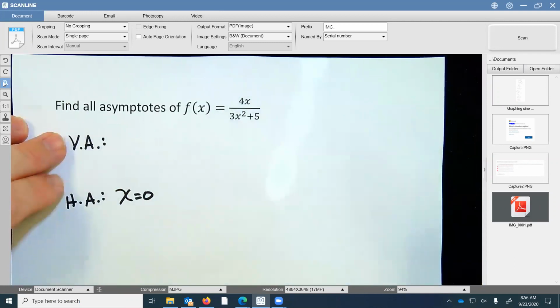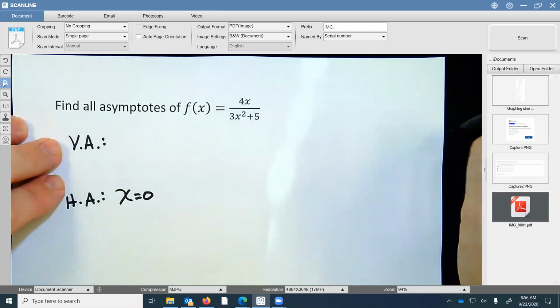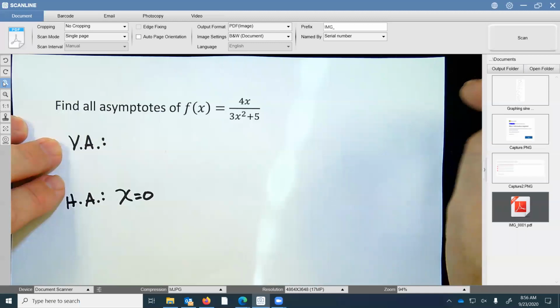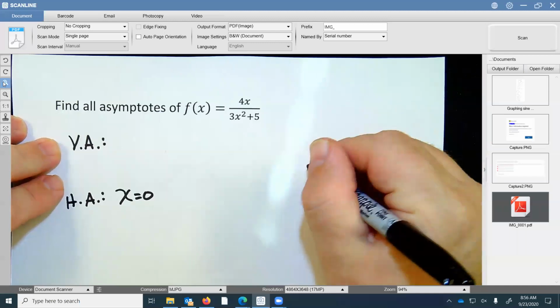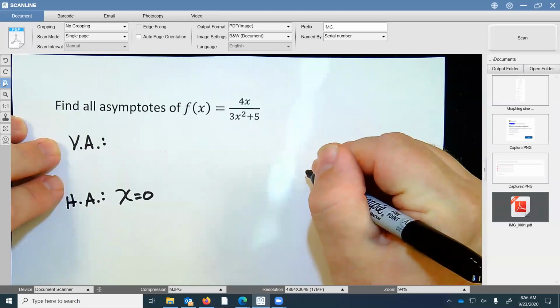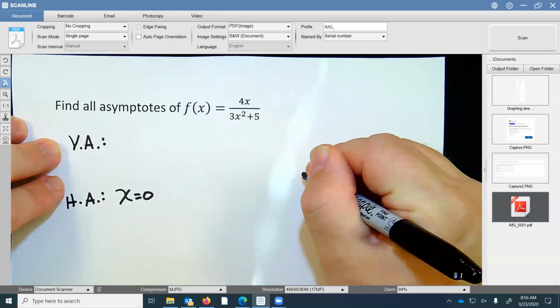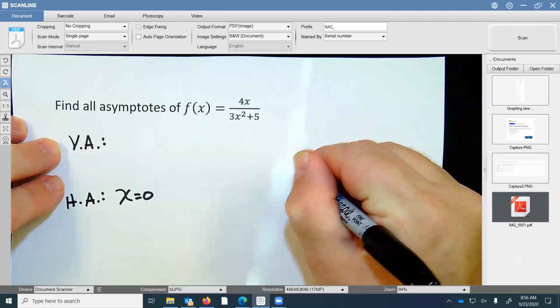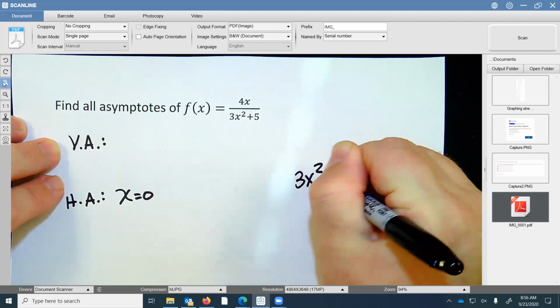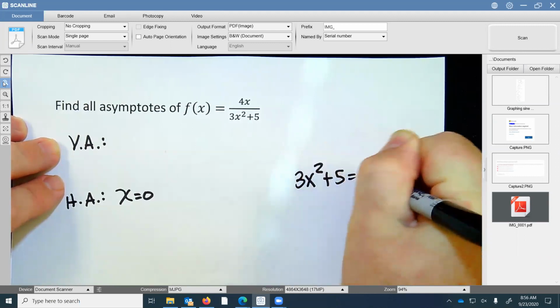Now, vertical asymptotes occur where? Where do we say they occur? The zeros of the denominator, the restrictions. So set the denominator equal to 0.